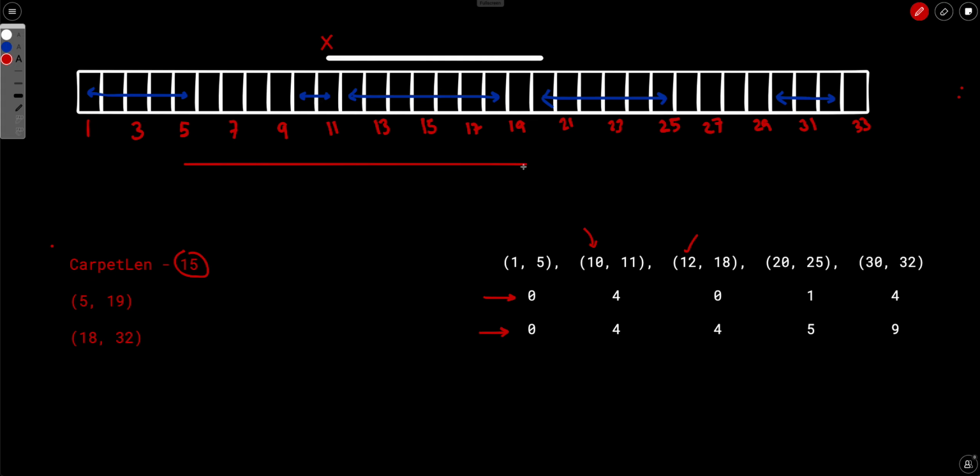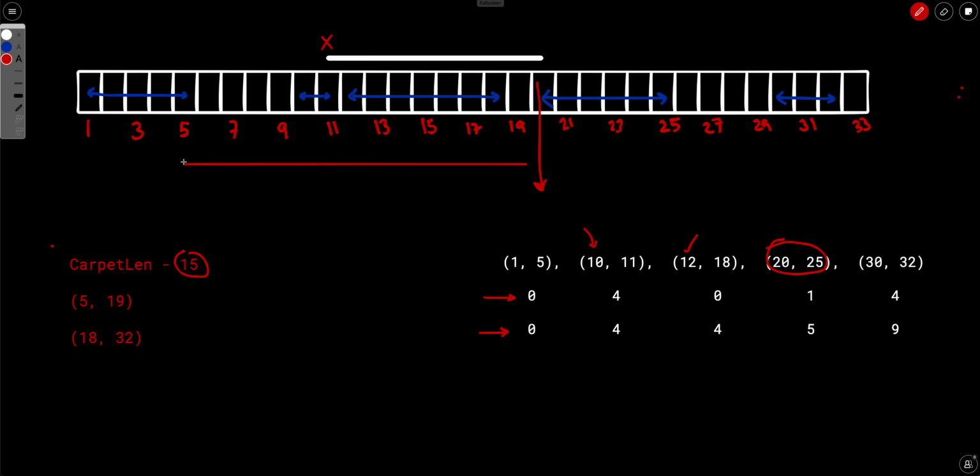So first we find out which is the nearest cell, which is closest to this end point. The nearest range to this end point is 21's range. So basically this range 20 to 25 is nearest to this location.